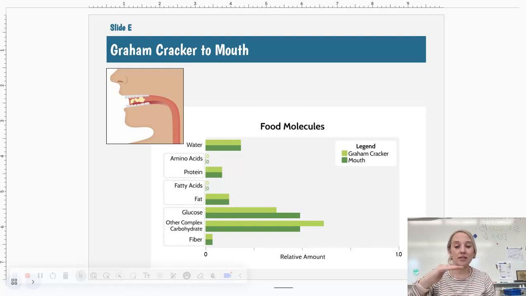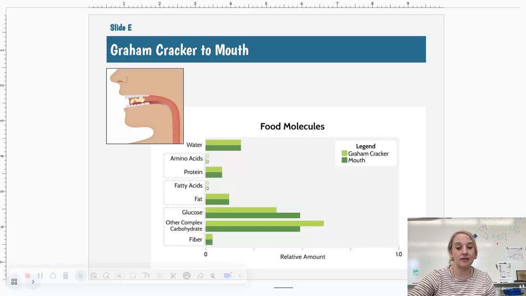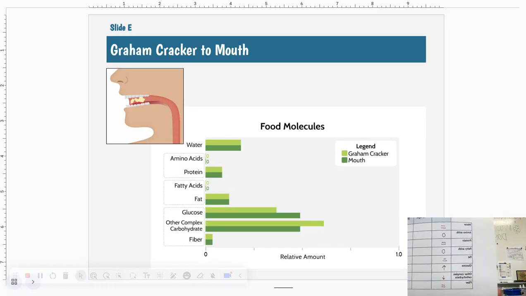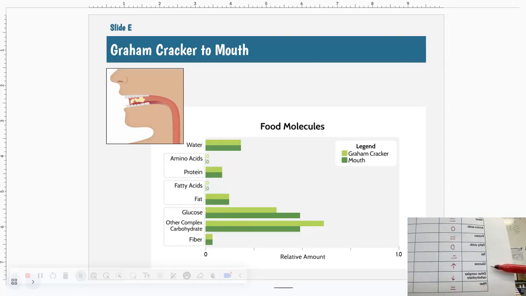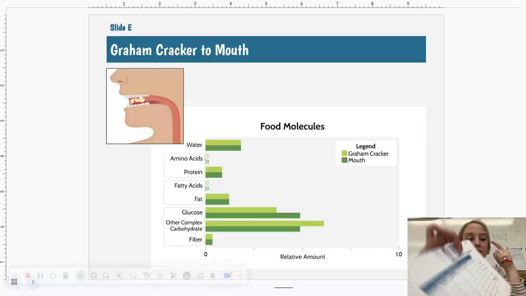Then I go to complex carbohydrates. What happened there? Decrease. Then I look at fiber. Equal. So what happened here? Why did glucose increase and other carbohydrates decrease?